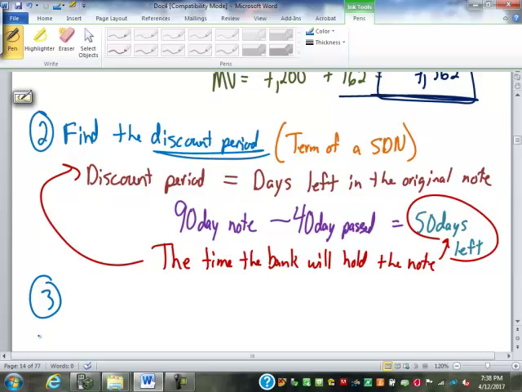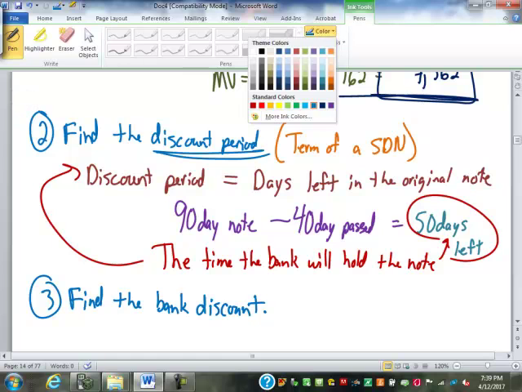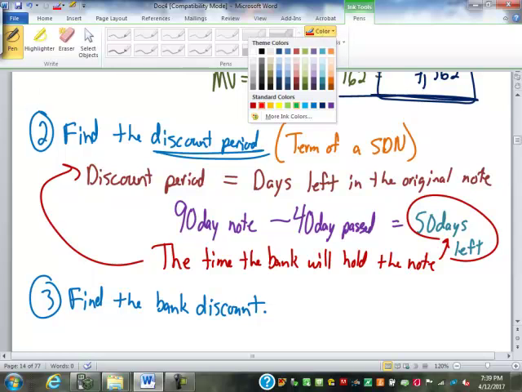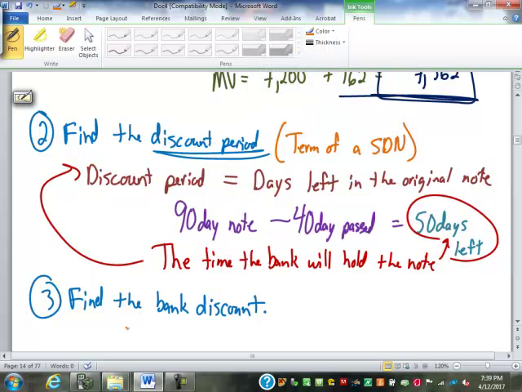Step 3. Now steps 3 and 4 are sometimes combined in just saying find the proceeds. I'm going to break it down into 2 though. Find the bank's discount. This is the discount on the simple interest note. We need to first know what is the face value of the SDN, the simple discount note.